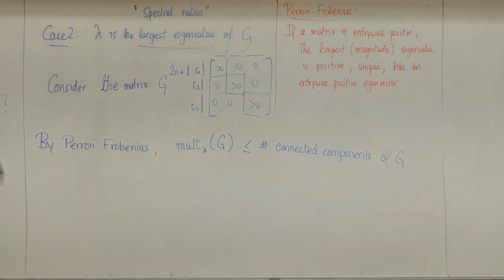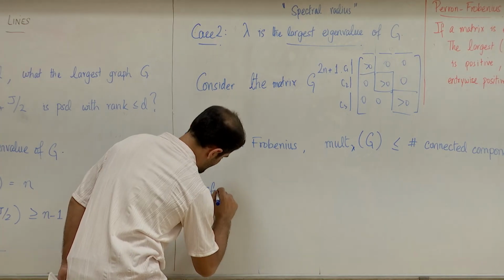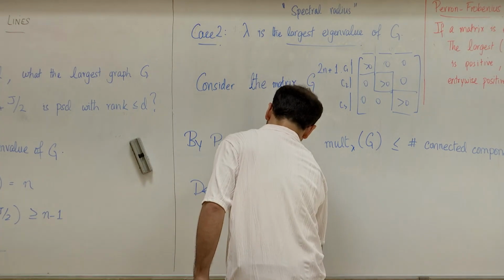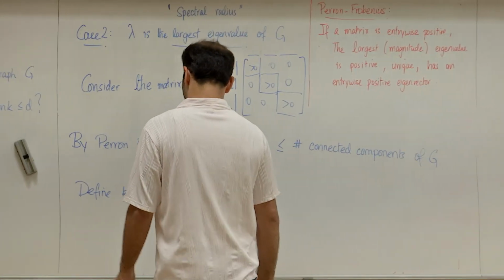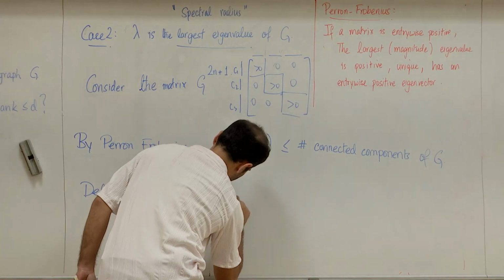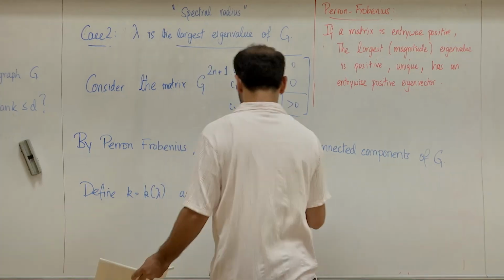Okay, so this is this. Now let us get our bound. So I will just define k. This is a number that will be determined by lambda alone as the smallest graph. Smallest, well, if it's the smallest, it has to be connected.